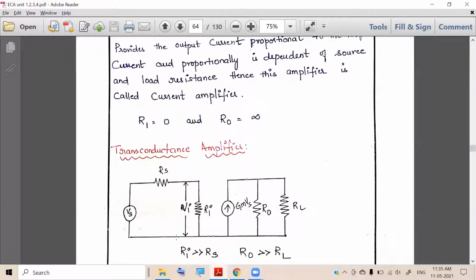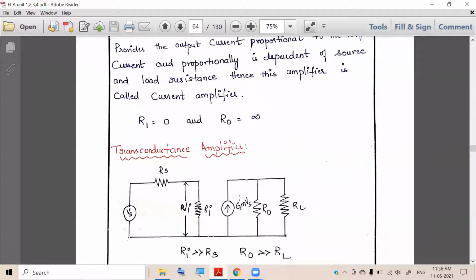Now let us see the conditions here. The entire voltage signal should pass on without loss, which means Ri should be much greater than Rs, similar to the voltage amplifier case. Next, whatever current is coming here has to follow the low resistance path.